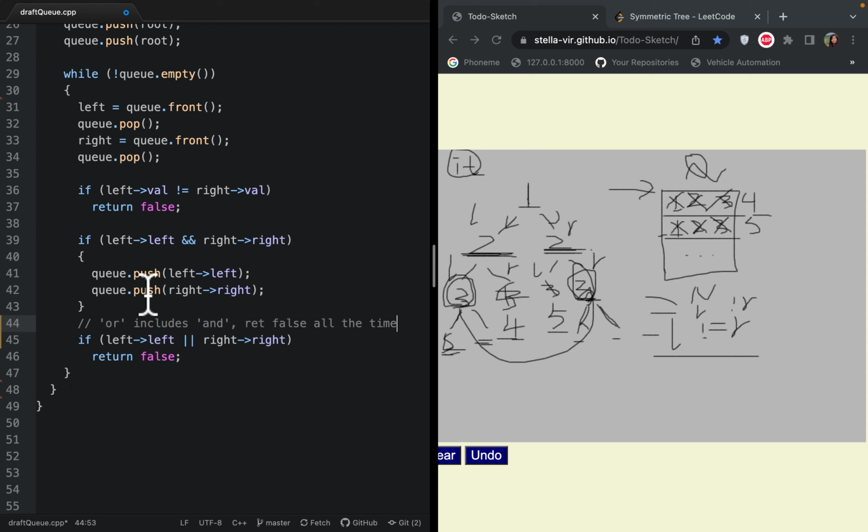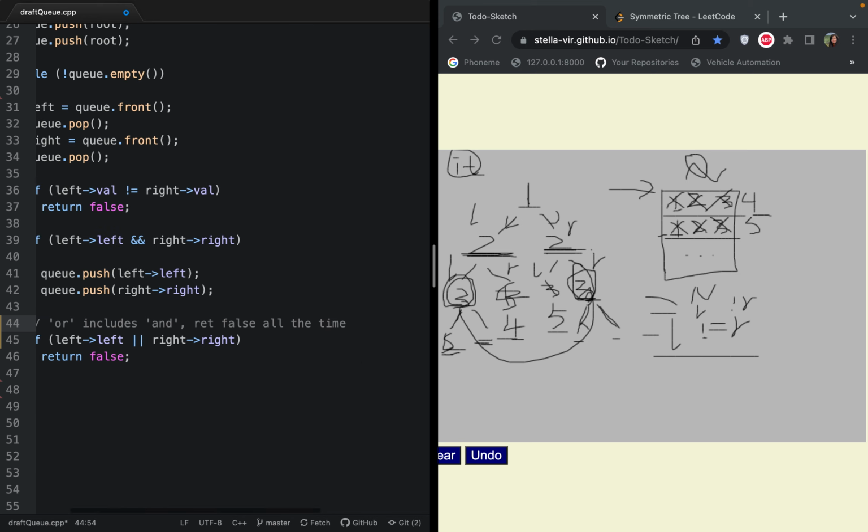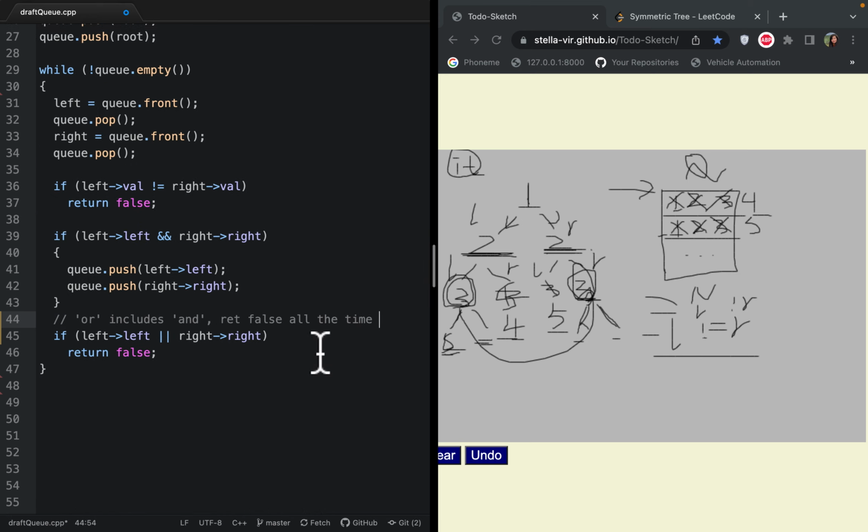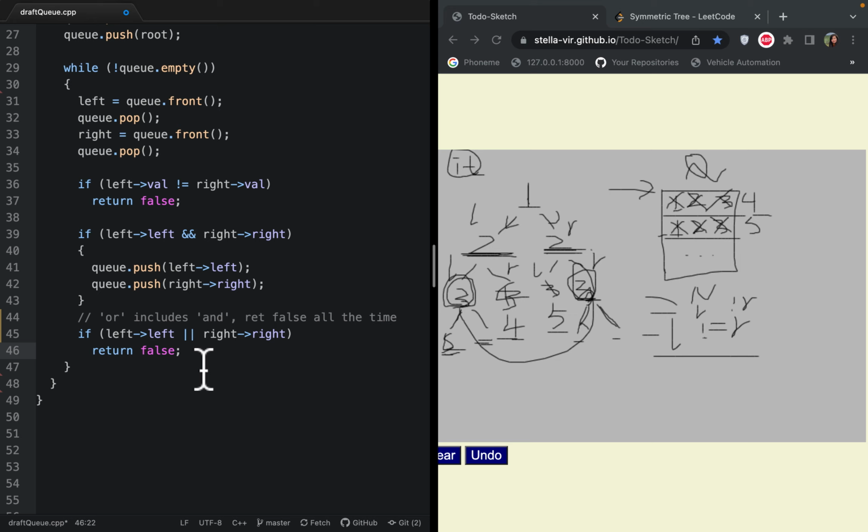So it will put it into the queue, but even if you have the end, where their values are equal and they both exist, 2 and 2, it fits in the or condition, so it's going to return immediately, which means it's going to return false all the time.